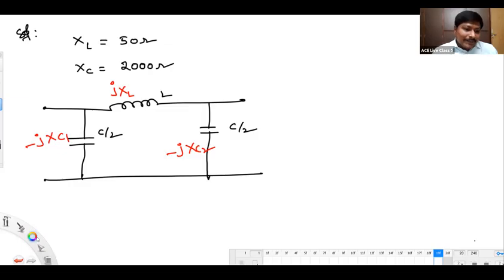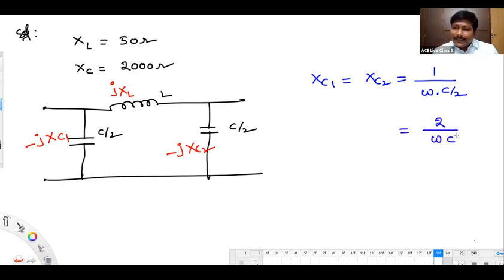What about the XC1 and XC2 values here? XC1 and XC2 are equal to 1 by omega C by 2, which is nothing but 2 by omega C, 2 times the XC number.